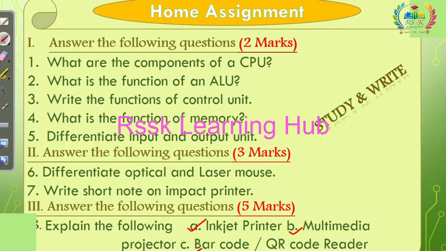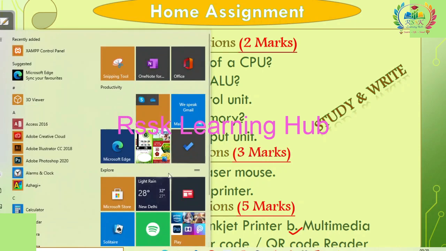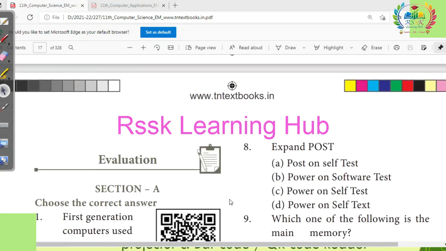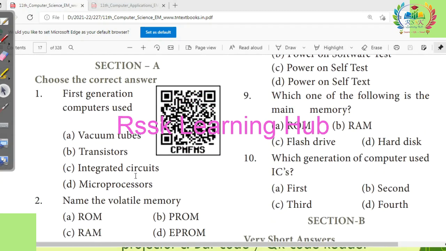First one: the first generation computer uses what? Vacuum tubes, transistor, integrated circuit and microprocessors.